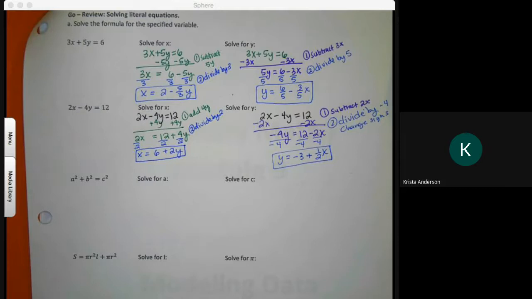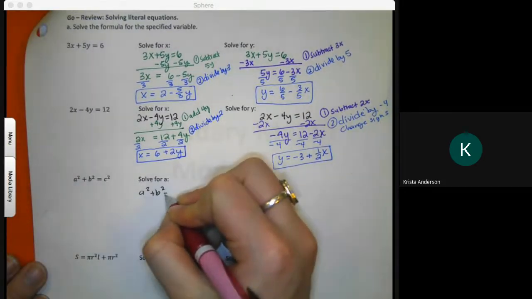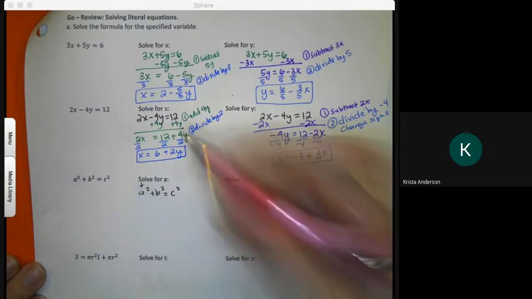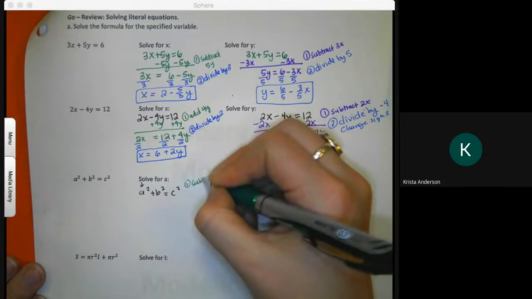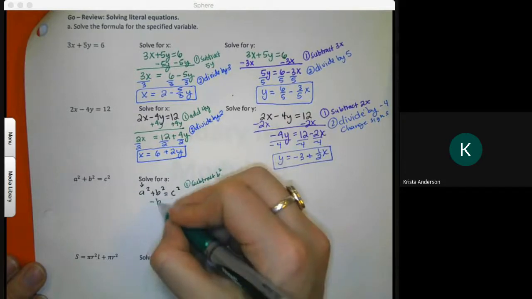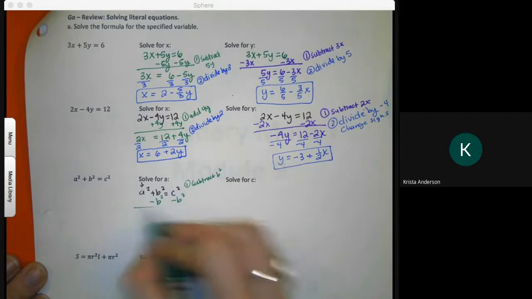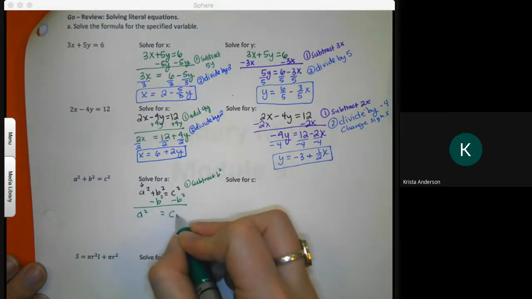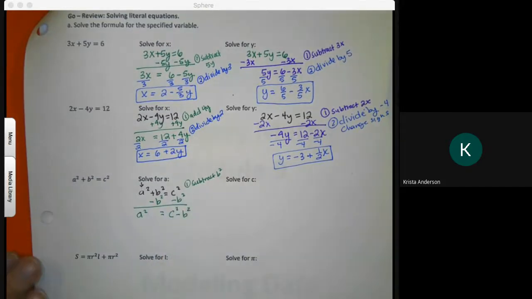Next question. a squared plus b squared equals c squared. They want me to find a. First, I'm going to subtract the b squared. I want it away from the a that I'm trying to get alone. That would give me a squared equals c squared minus b squared.